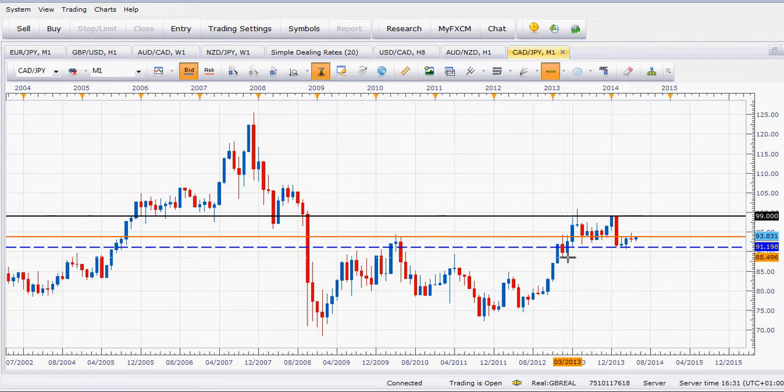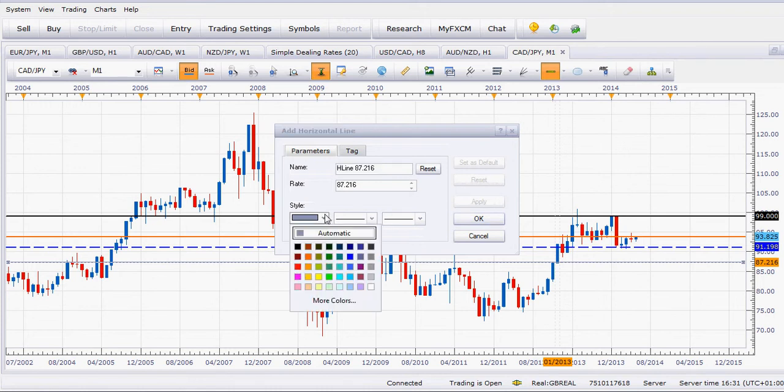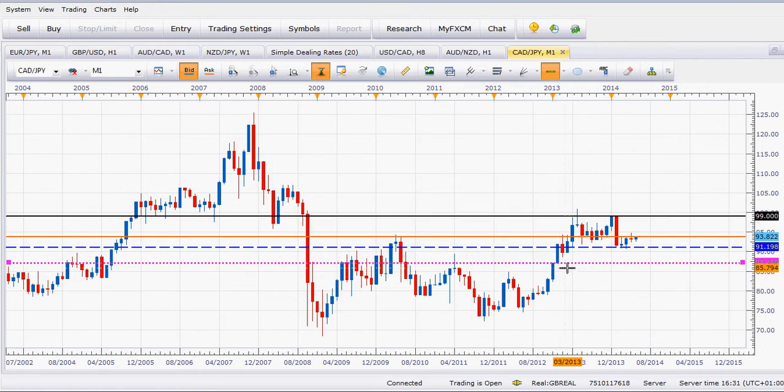Yeah, there might be. In fact, if we went lower, we want to see what happened here. There are two candles, as you can see, sort of neck and neck. So I'm going to create a level there and make it a different color again. Make it pink, and this one will make it dotted like that.